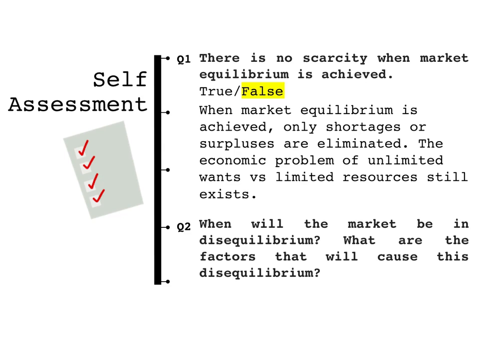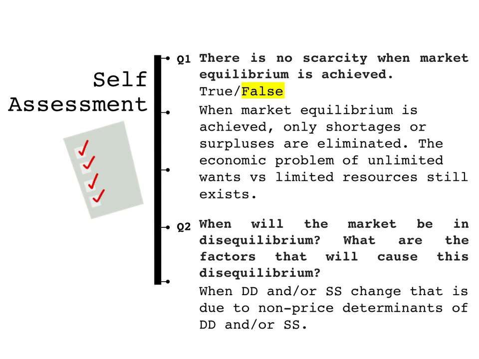As I mentioned earlier, the market equilibrium will stay until demand and or supply conditions change, which means that the factor that will cause any market to be in disequilibrium is a change in demand and or supply due to non-price determinants of demand and or supply.